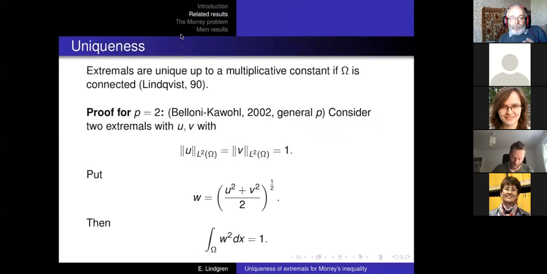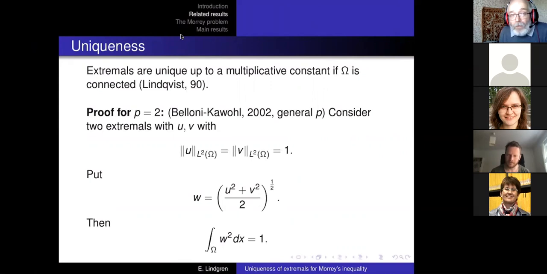I think the original proof of this is from 1990 by Peter Lindgren, and then there is a paper by Beloni and Kavol from 2002 where they attempt this proof. By the way, it works for arbitrary Q less or equal than P. It is in some of my papers, but I believe it was used earlier.